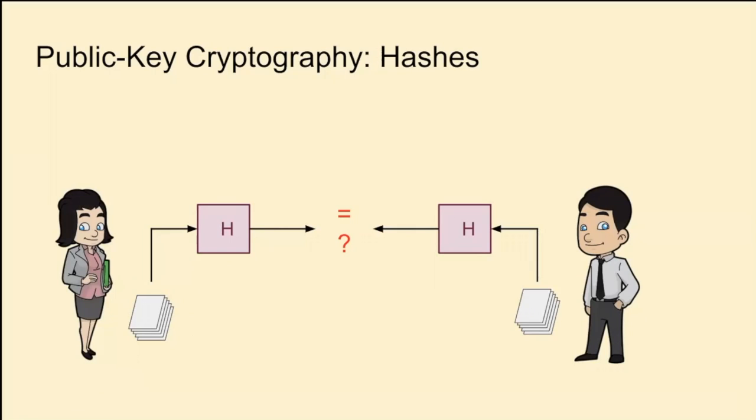But they don't necessarily want to reveal who those people are, for privacy reasons, maybe for competitive advantage reasons. So they can check whether they are dealing with the same pool of people if each of them makes a list of who those people are, computes a hash of it, and then they compare the hashes. All they have to share are these codes that don't reveal what information produced the code, but that can be relied on to be the same if it was the same information, and different if it was different information.